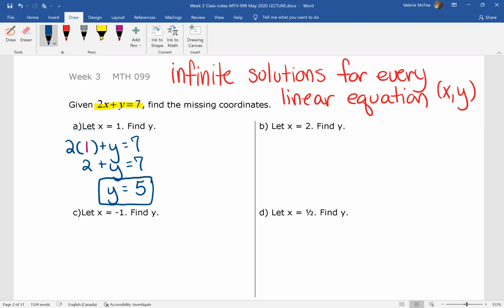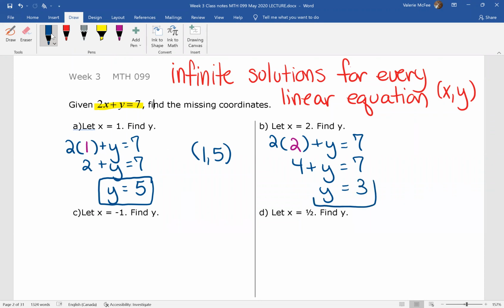It gives us the ordered pair when x is 1, y is 5. In B, we're going to let x equal 2. Subtract 4 from both sides. We find our missing coordinate, y equals 3. The ordered pair, when x is 2, y is 3.